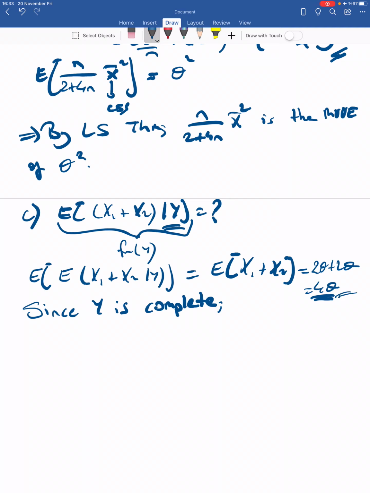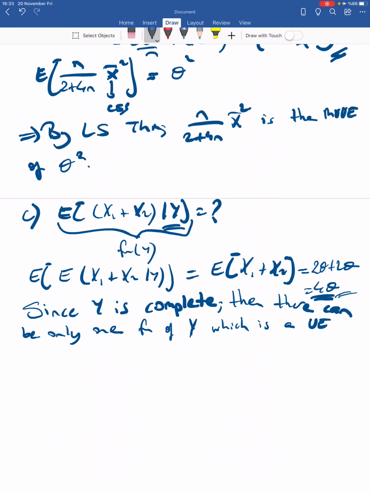Okay, so since y is complete, there can be only one function of y which is an unbiased estimator of 4 theta.